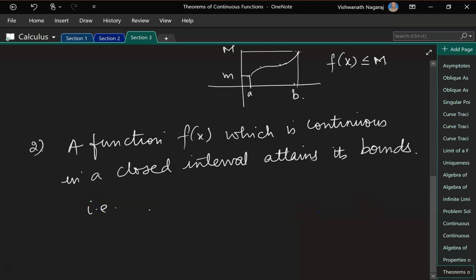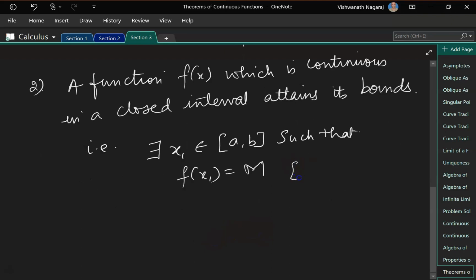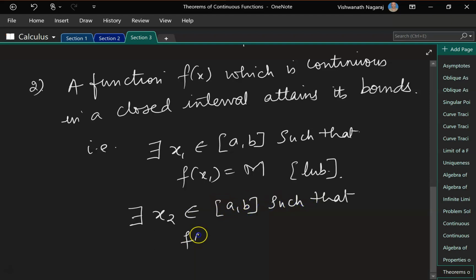That is, there exists x1 belonging to the closed interval [a, b] such that f(x1) is equal to M, that is LUB, and there exists a point x2 belonging to the closed interval [a, b] such that f(x2) is equal to m, and this is your greatest lower bound.